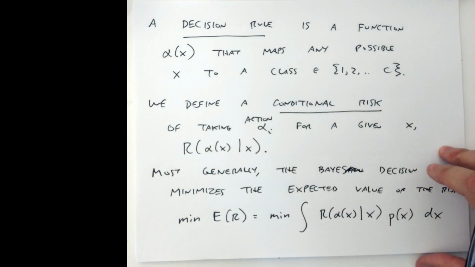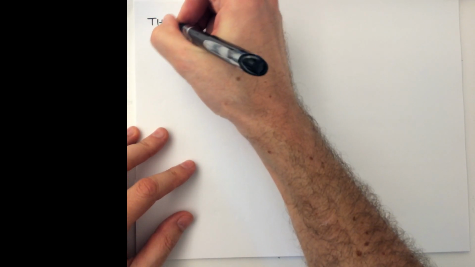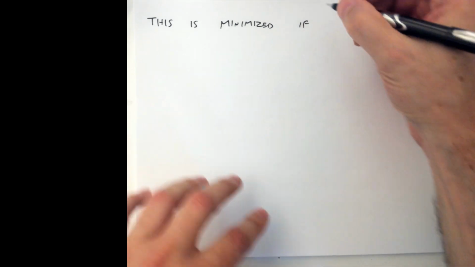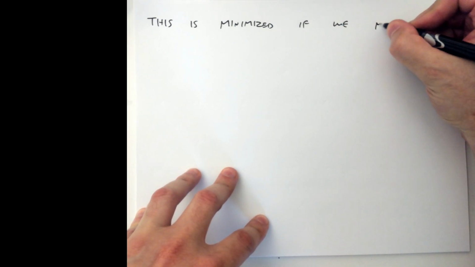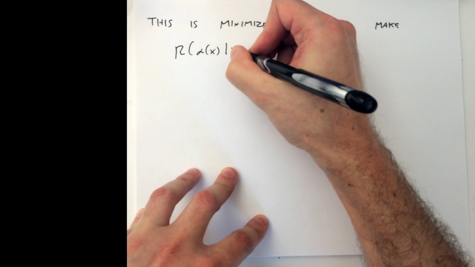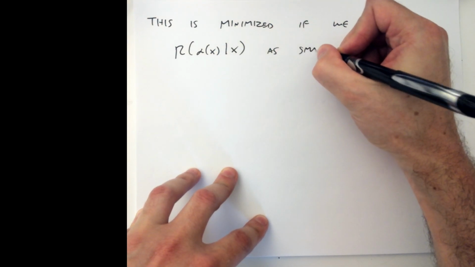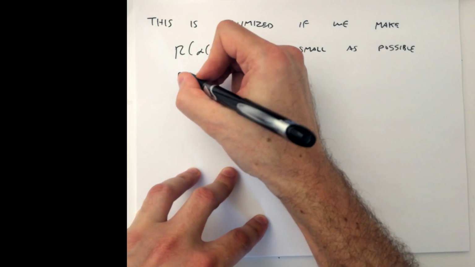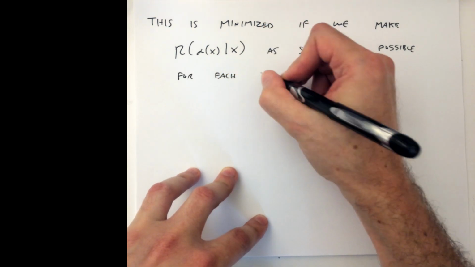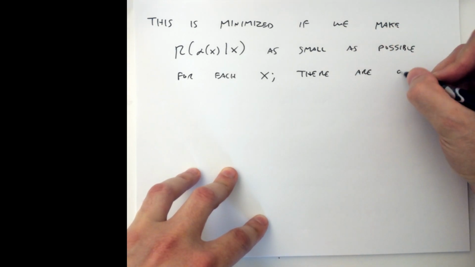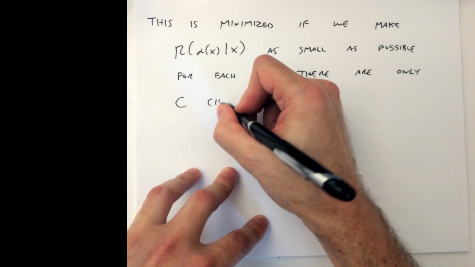So we'll say that this is minimized if we make this risk as small as possible for each x, and there are only c choices.